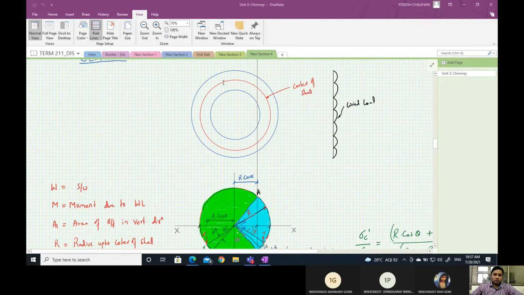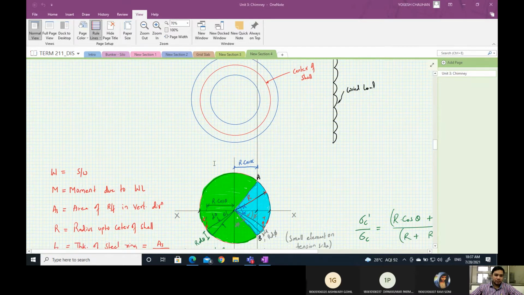This steel ring is also provided at the center. So this is shown in red, and its thickness is TS.